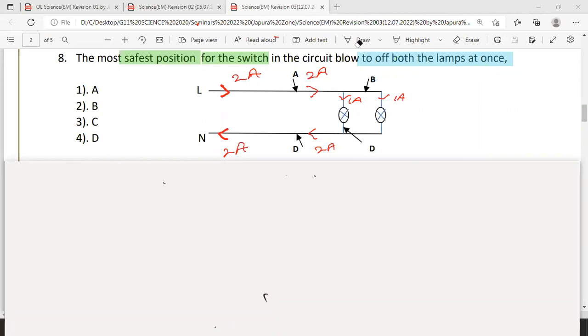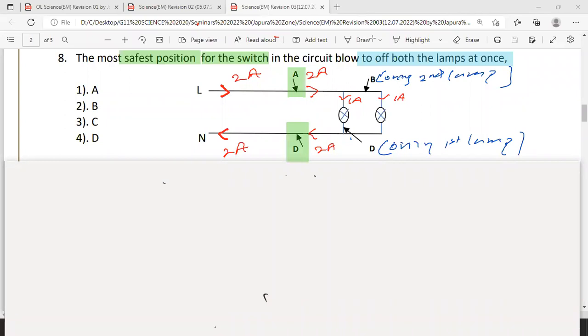Only the second lamp can be turned off, not the first lamp. If you put the switch at D, only the first lamp. So B and D are not going to work. You cannot use only B or only D to turn off both the lamps. So the answer will be either A or C.